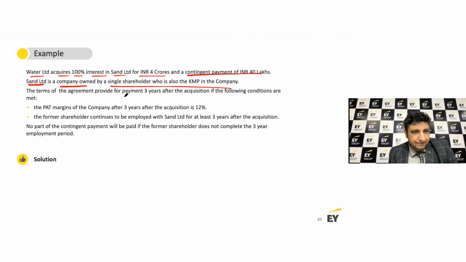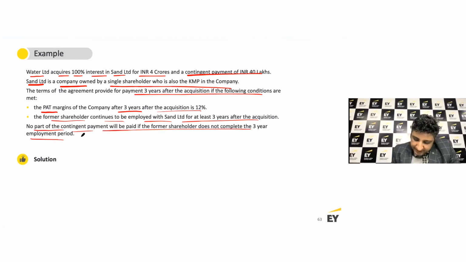The terms of the agreement provide for payment 3 years after the acquisition if, for example, the PAT margin, the profit after tax margin, is 12%, and the former shareholder continues to be employed for at least 3 years after the acquisition, right? No part of the contingent payment will be paid if the former shareholder does not complete the 3-year employment period.